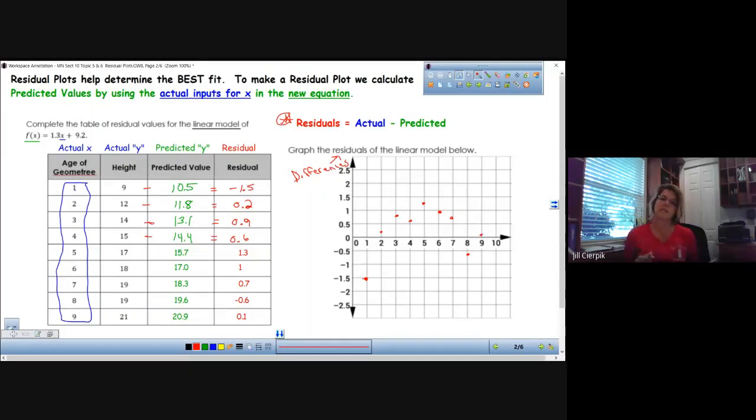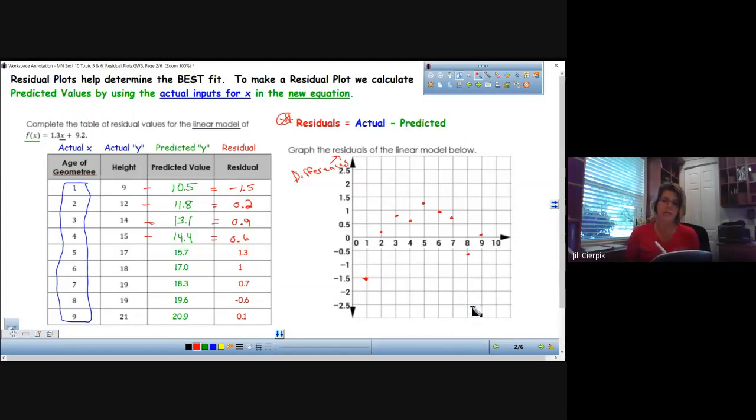Okay, so what I can see so far is that most of those residual points are above 0, and only 2 points are below 0. The thing with a residual plot is that a residual plot wants to have a scattered look to it. The fact is that I kind of see a pattern here.